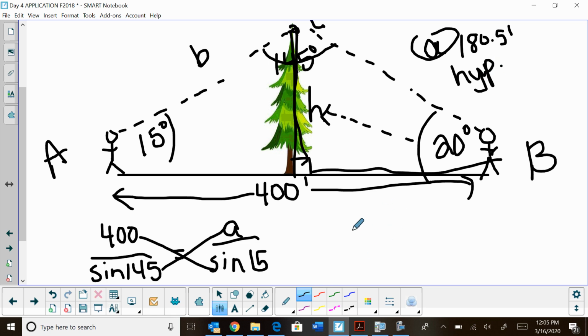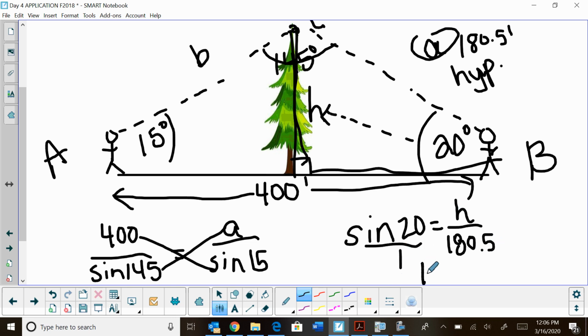So this is old school sine. I'm going to take the sine of 20 and set that equal to the height of the tree, which I'll call H, all over the hypotenuse, which is 180.5 feet. And just cross multiply, so the height is going to equal this product.